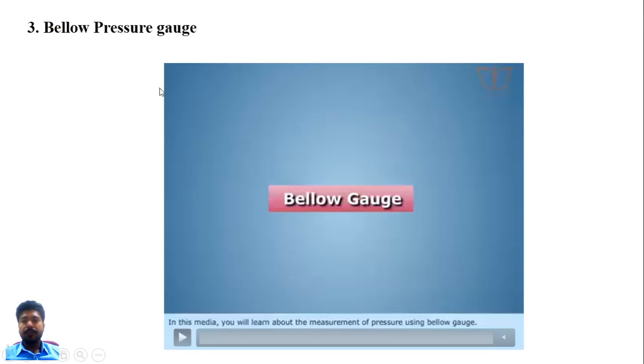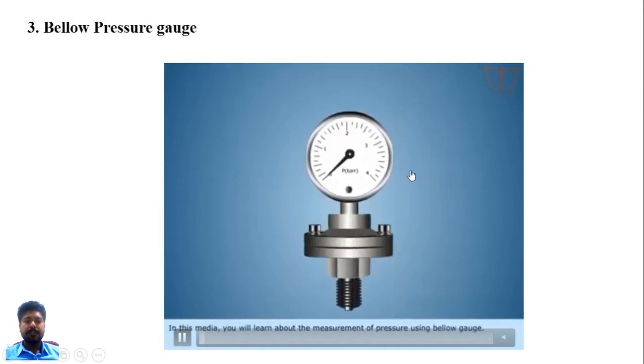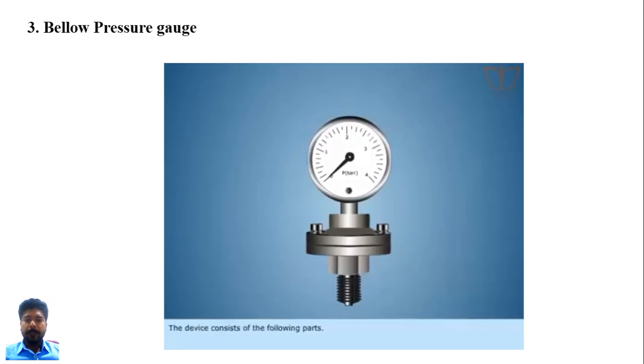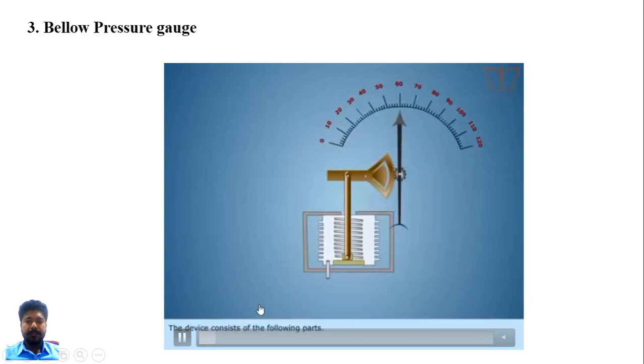let's move forward towards our bellows pressure gauge, and let's see the working of this bellows pressure gauge. Here are the main components of the bellows pressure gauge. First, there is the inlet of pressure in this direction.